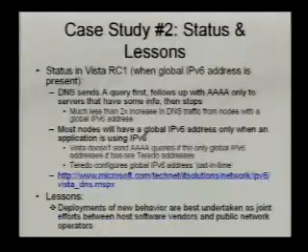But how do things currently work in RC1 of Vista? Well, first of all, this discussion only arises when you actually have a global IPv6 address. By default, the DNS clients in Vista will not query Quad A records unless there is a global IPv6 address.